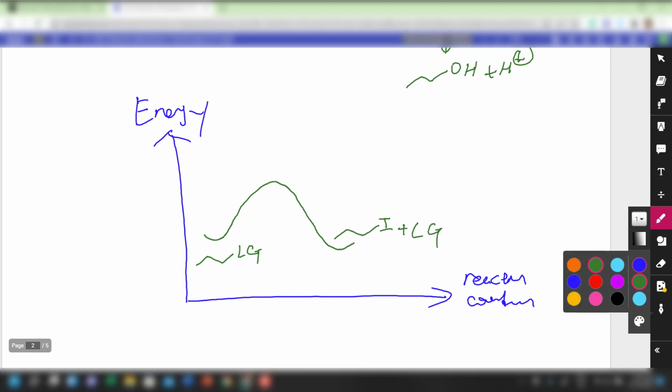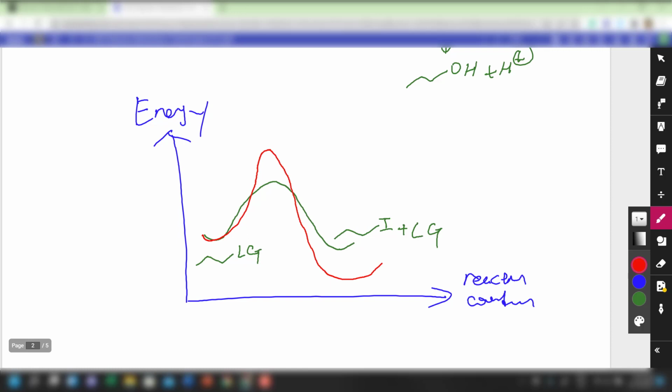Then we can look at another pathway where I'm going to use chloride as the nucleophile. But obviously the activation barrier will be higher, and the C-Cl bond is stronger. So in this case, I'm going to get Cl here and the leaving group here. So you'll notice that iodide, being a better nucleophile, will have a lower activation barrier leading to the products.